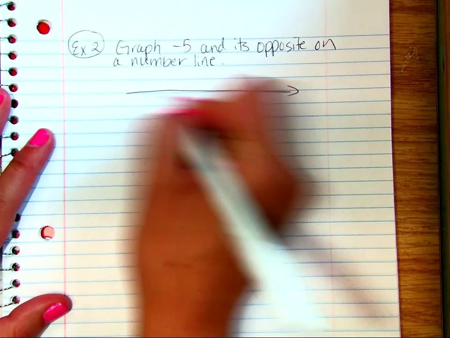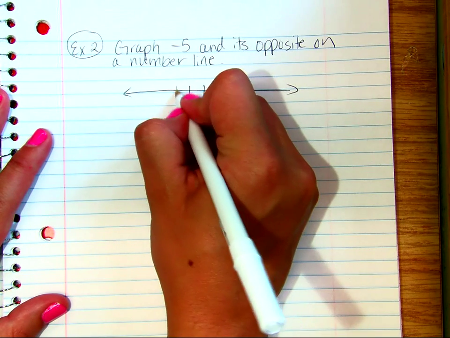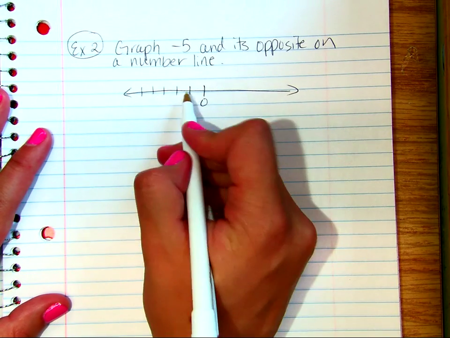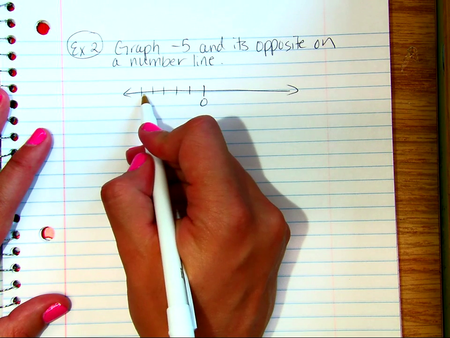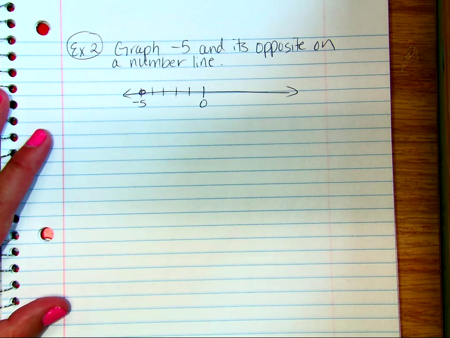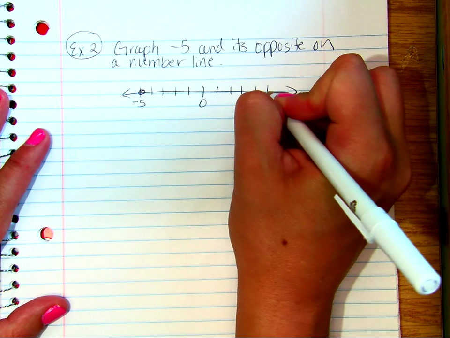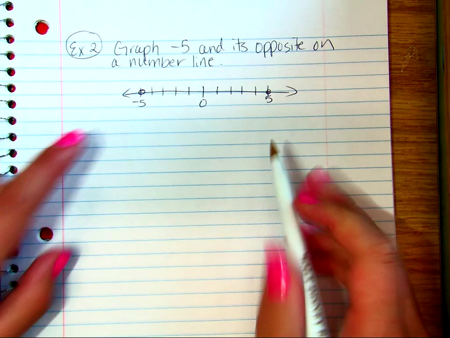Here's my number line. I'll put 0 in the middle. Evenly space my slash marks. So -1, 2, 3, 4, 5. Here's -5. Its opposite has the same distance from 0, so its opposite is +5. They're both 5 units away from 0.